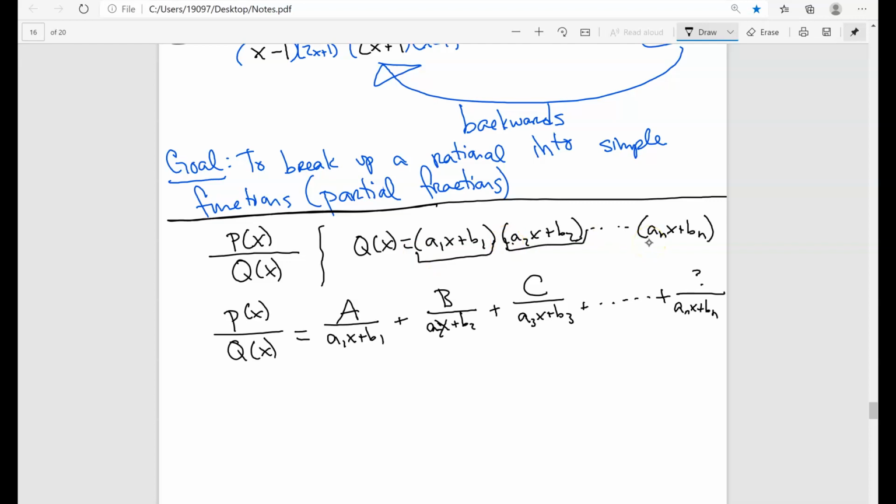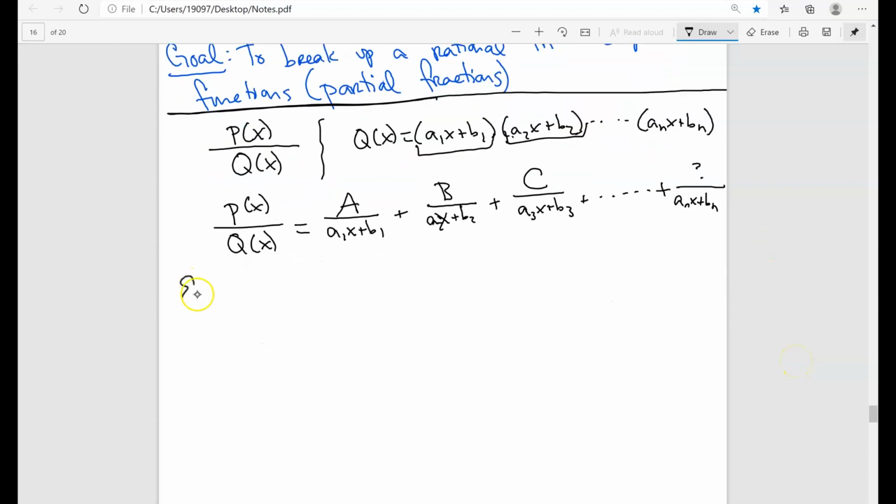Okay, so let's do an example. It's a very silly example. So find the partial fraction decomposition.